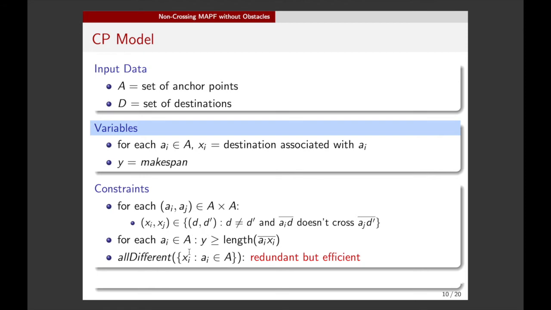And the last constraint is an all different constraint on xi. In fact, this constraint is not necessary, as the table constraint can prevent two x variables from having the same value. However, in the experiments, we found that it can make the solution process more efficient, so we keep it.